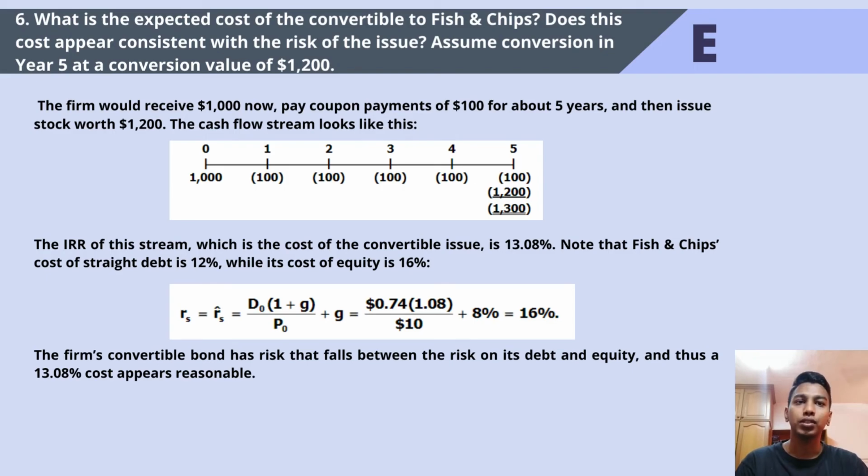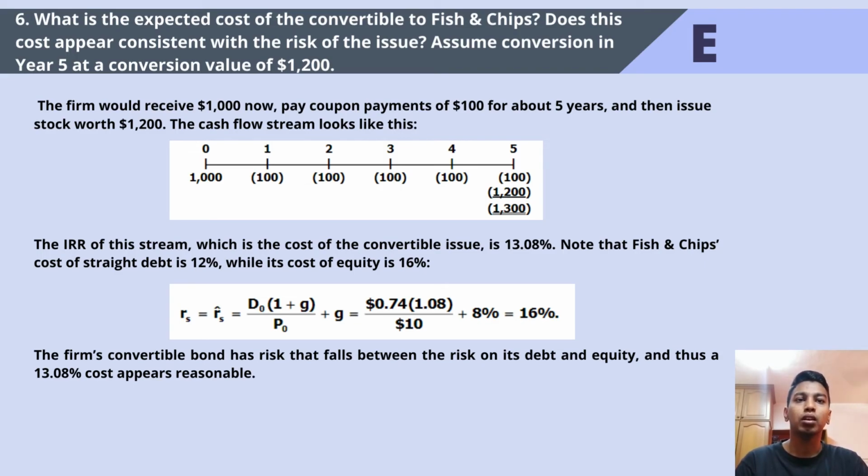The IRR of this stream, which is the cost of the convertible issue, is 13.08%. Note that Fish and Chips' cost of straight debt is 12%, while its cost of equity is 16%. We will insert in the equation r_s equal to D_0 times (1 plus g) divided by P_0 plus g, equal to $0.74 times 1.08 divided by $10 plus 8%, and we will get 16%.